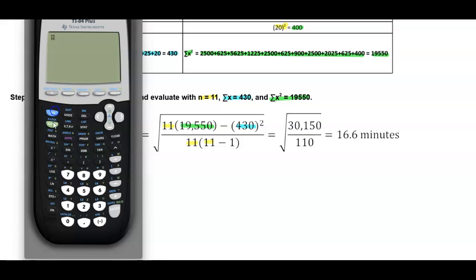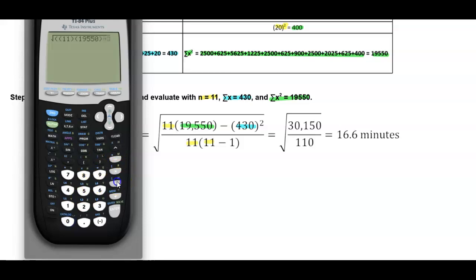So we're going to take the square root symbol. Okay, we're going to apply the left parenthesis, and then we're going to apply another one because we want to put this entire thing in parentheses. And then we're going to take 11, put that in parentheses, and then 19,550.